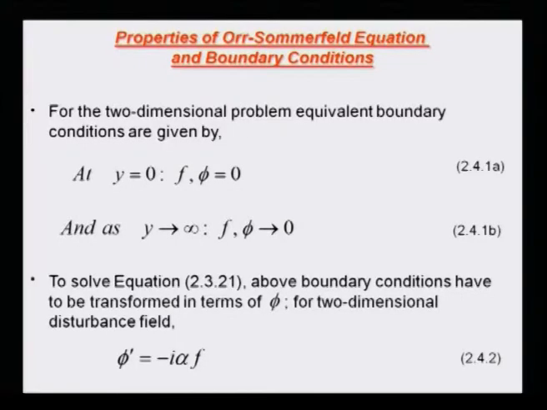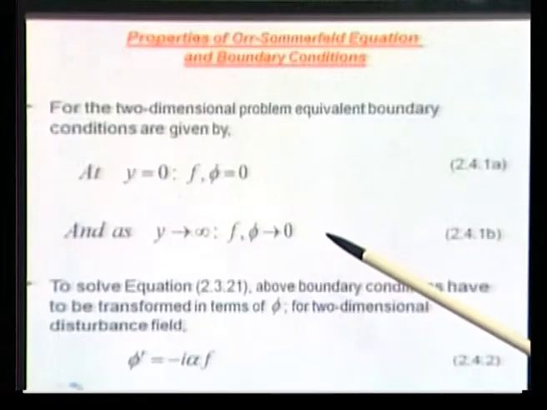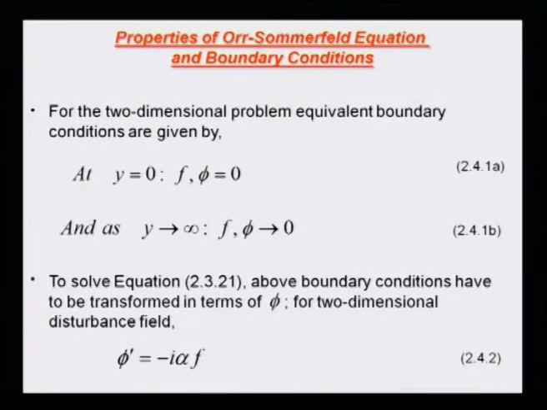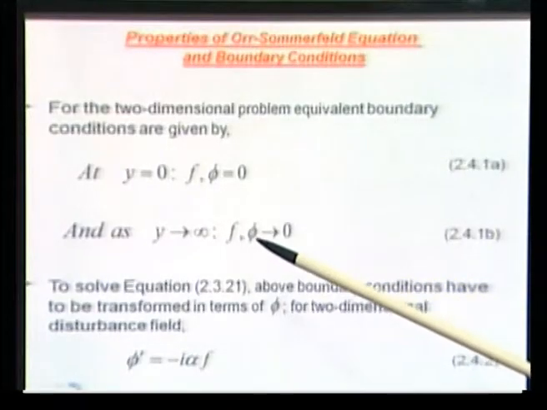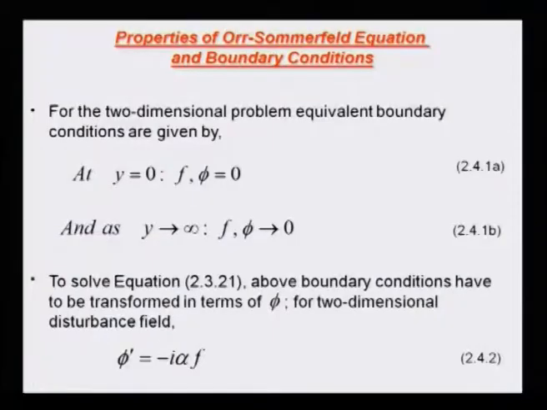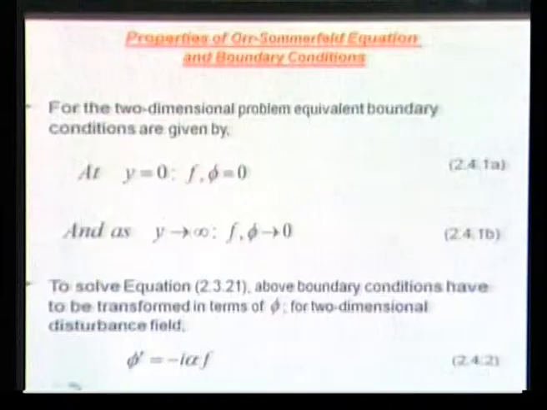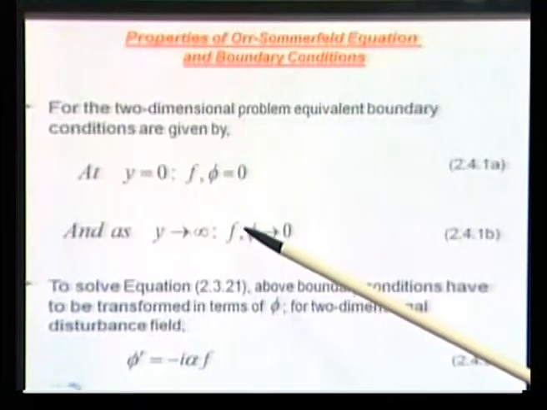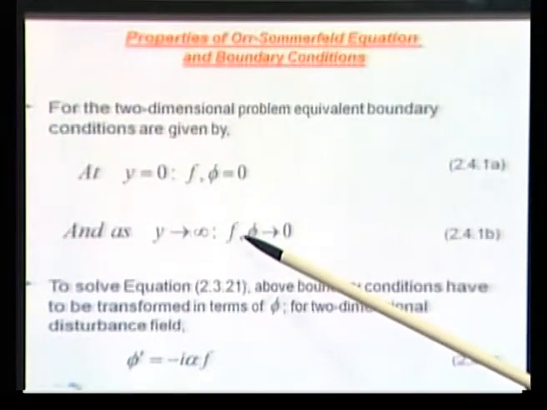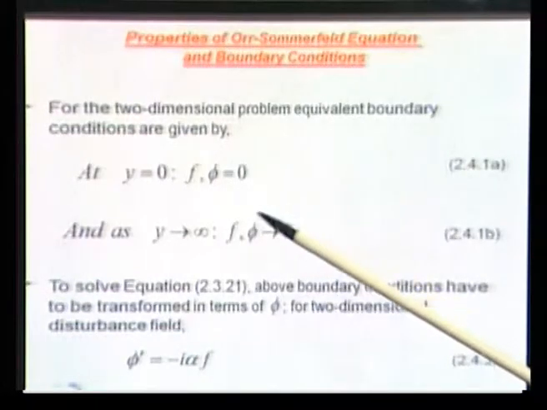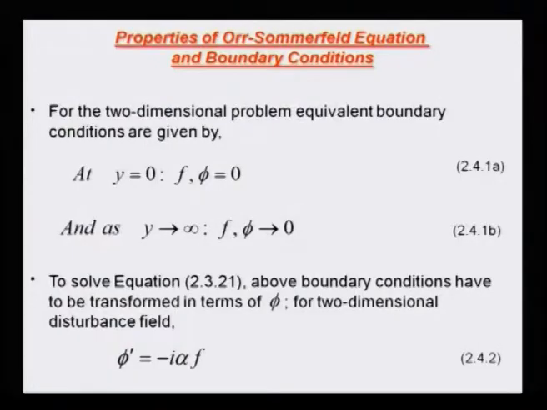Nonetheless, if we are creating a disturbance inside the boundary layer, and if we go far away outside the boundary layer, then of course we would demand that those disturbance velocities decay. That is what we have been doing. So, that relates to the Fourier-Laplace amplitude of the u component and the v component going to 0 as y goes to infinity.